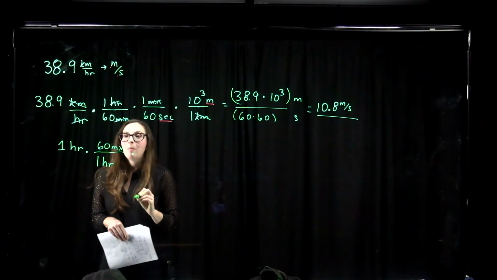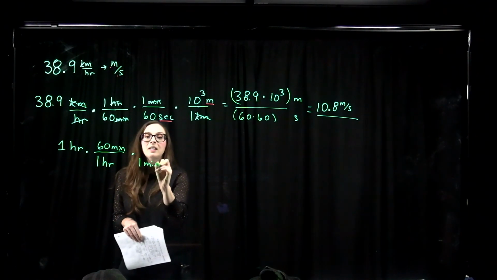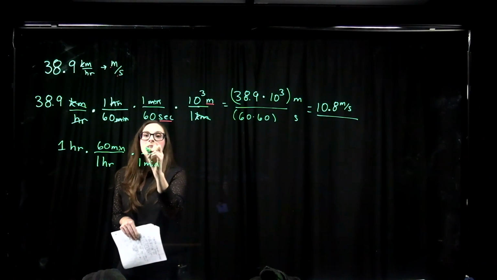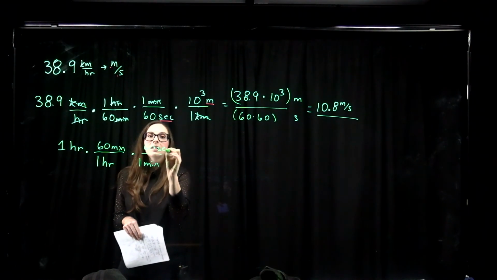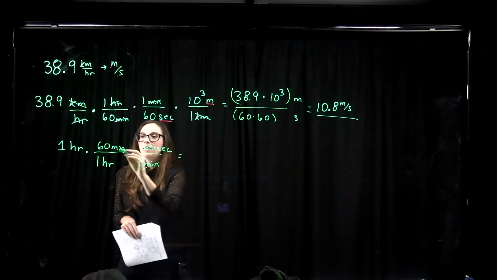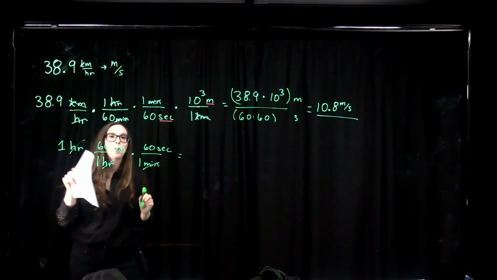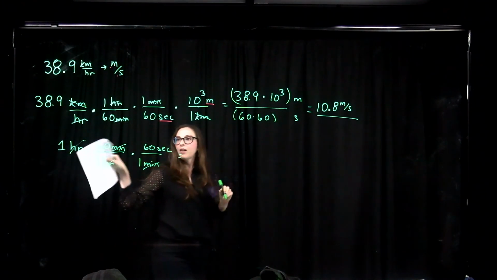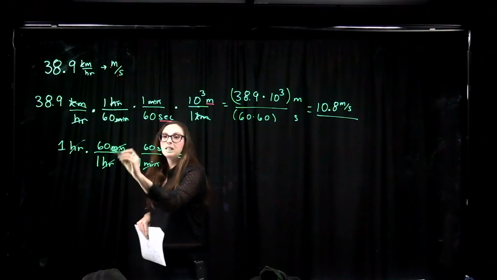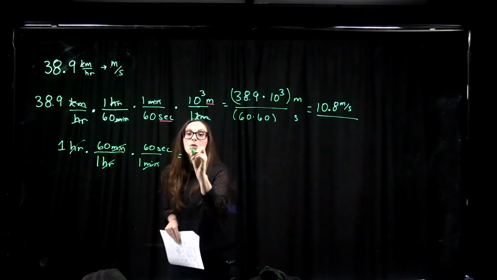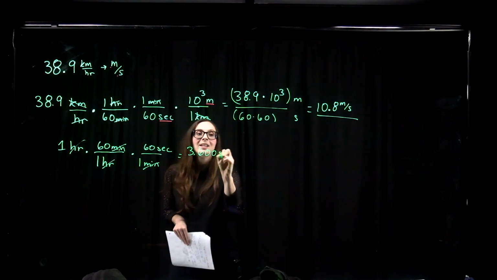And I multiply that by, in 1 minute, I know that there are 60 seconds. Okay, so then I started with 1 hour, and in the end I find that 1 hour is the same thing as 60 times 60 seconds, which is 3,600 seconds.